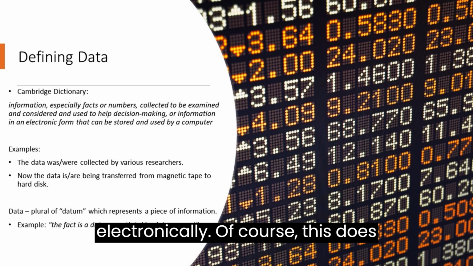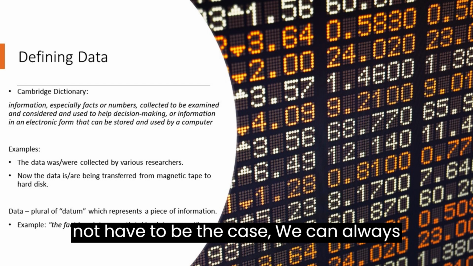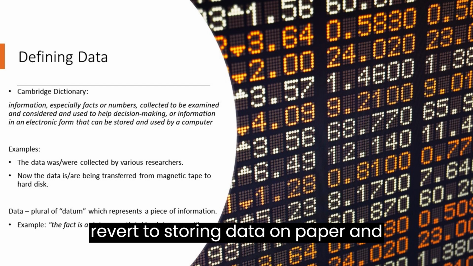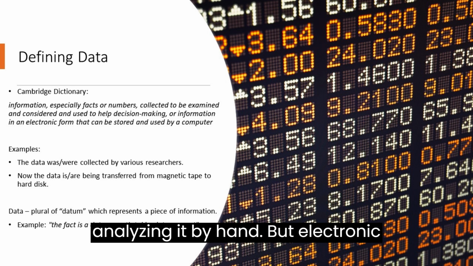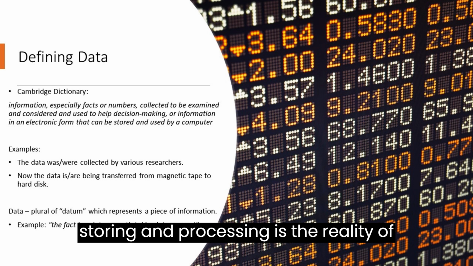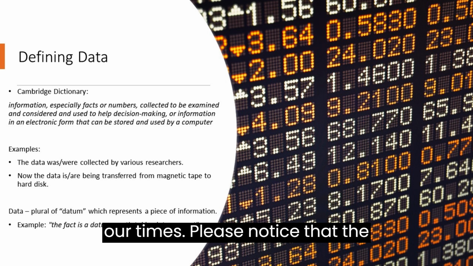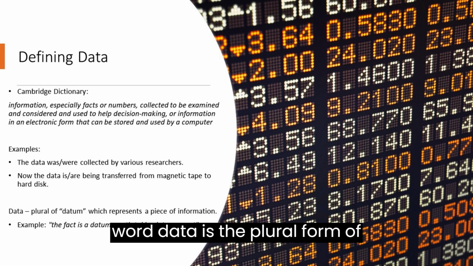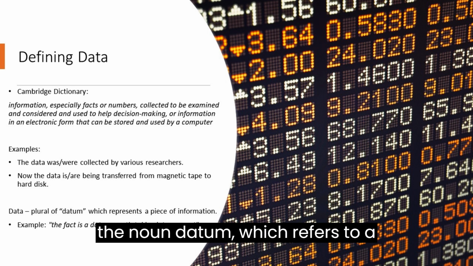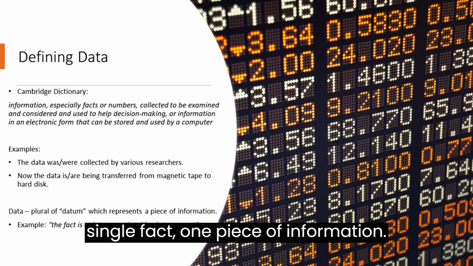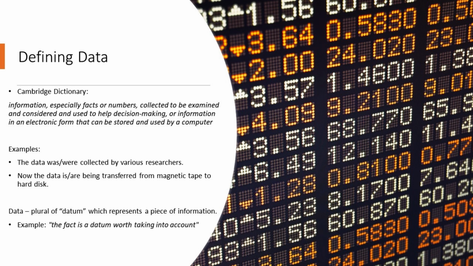It also specifies that data are usually stored and processed electronically. Of course, this does not have to be the case. We can always revert to storing data on paper and analyzing it by hand, but electronic storing and processing is the reality of our times. Please notice that the word data is the plural form of the noun datum, which refers to a single fact, one piece of information.